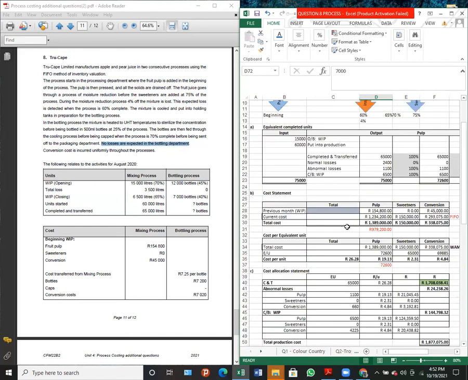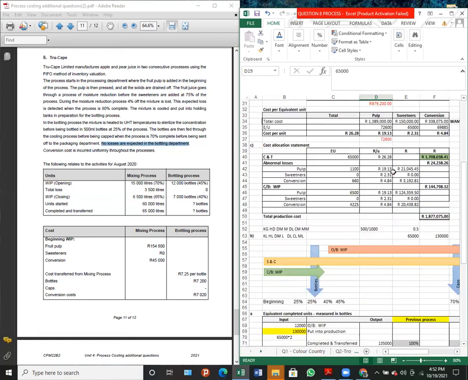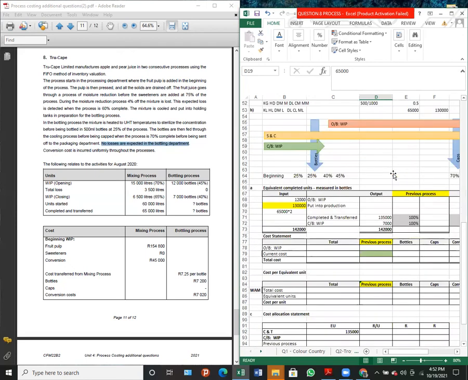Let's go here, guys. Completed, transferred. Ne? You still remember the last week where, guys, where we have opening plus what? There's a completed and transferred and what, guys? Started and completed.